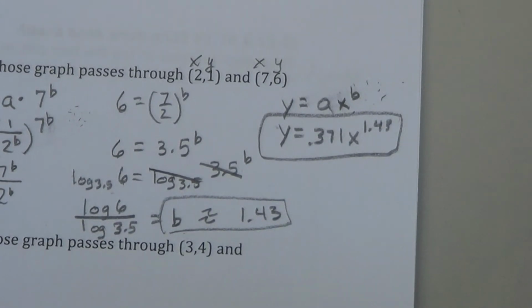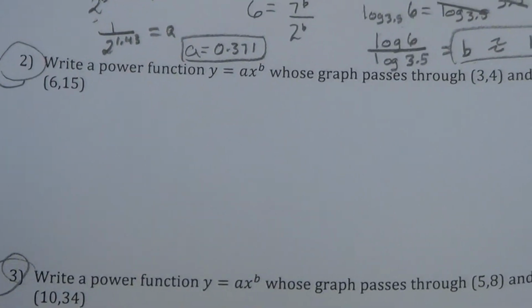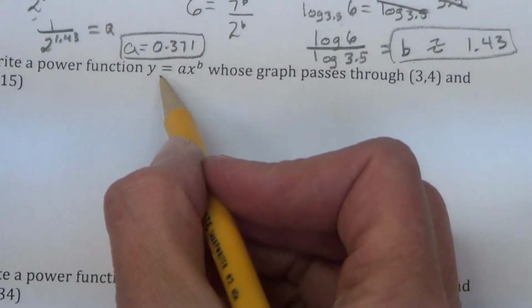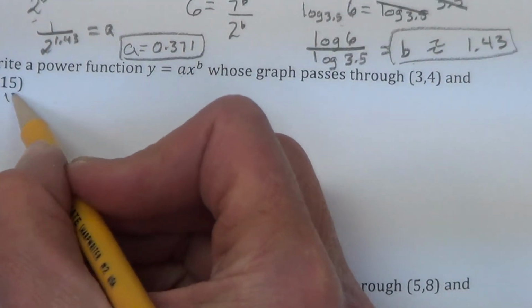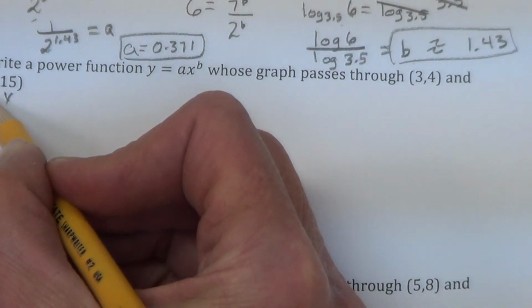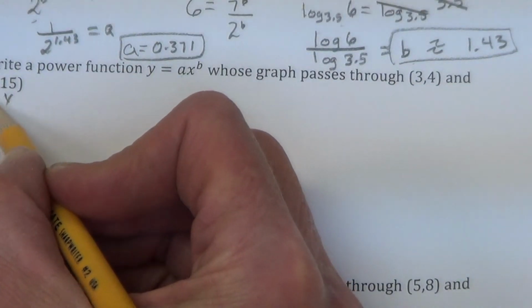Okay? So if we go down to the next one, I'll just get you set up on this one. So we have Y equals A X to the B. Our Y value is 15. Our X value is 6.